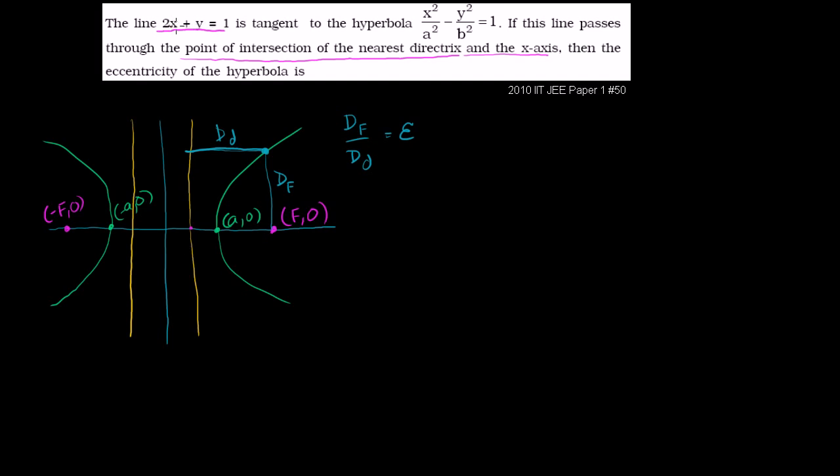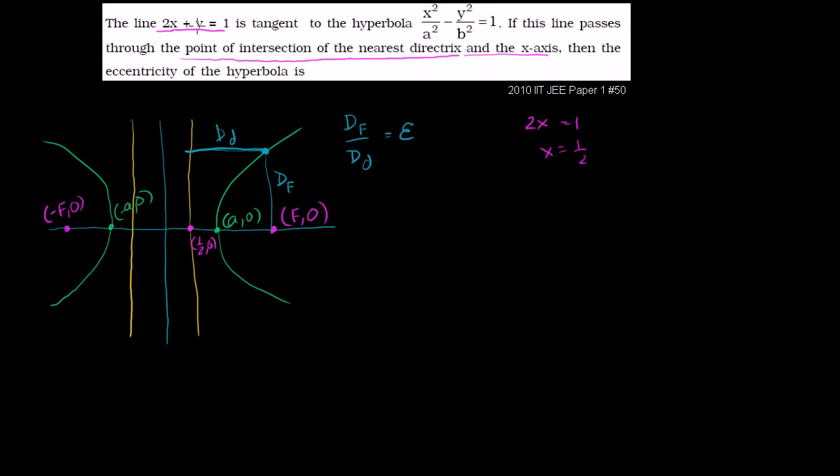We can set y equal to 0. Then we get 2x is equal to 1, so x is equal to 1/2. It intersects the x-axis at 1/2 comma 0. And so we know from this information that this directrix must be the line x is equal to 1/2.